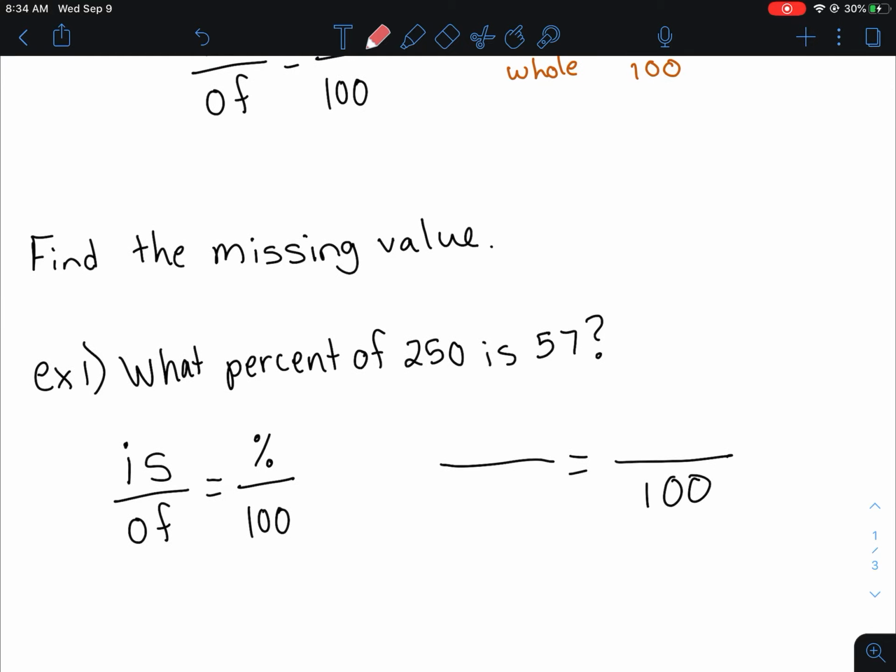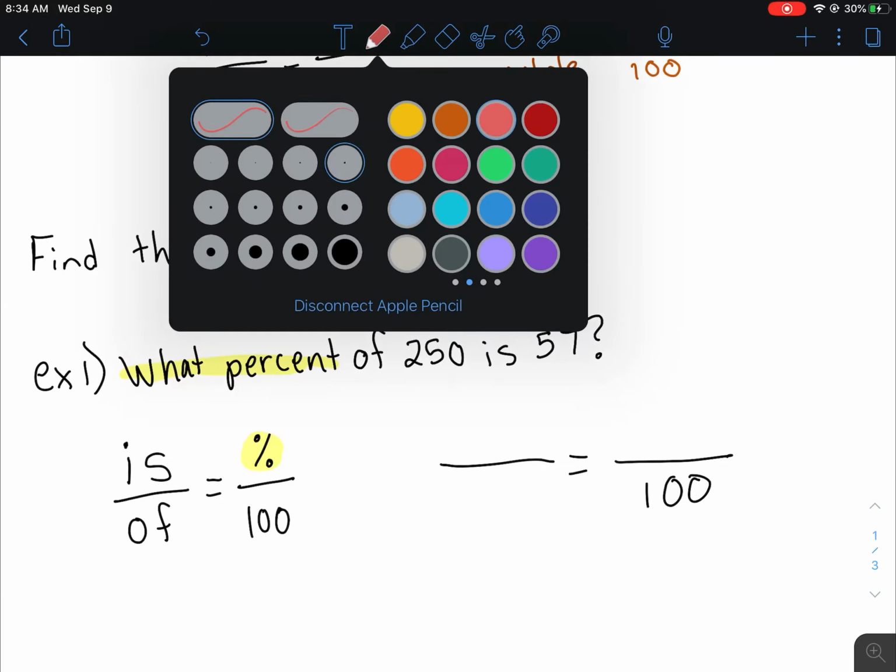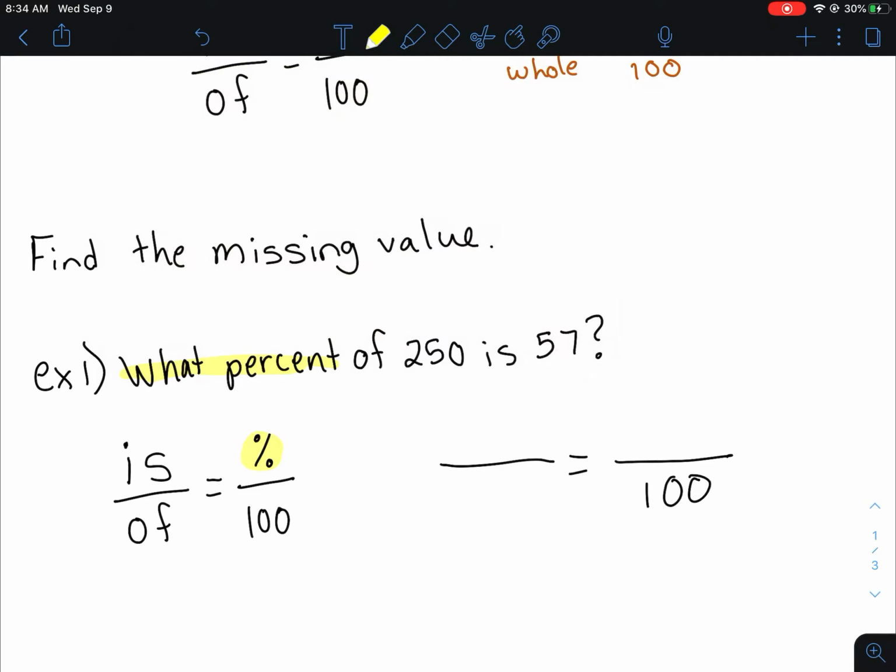So when it says what percent of 250 is 57, when it says what percent, I am talking about the percent right here. And the question is what. So when I'm saying what, I'm actually going to put the X or N or whatever letter you are deciding to use for my variable here.